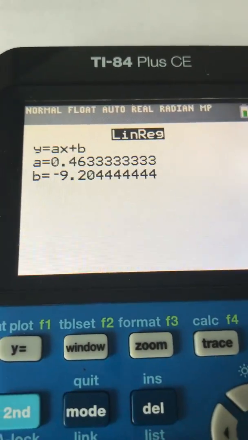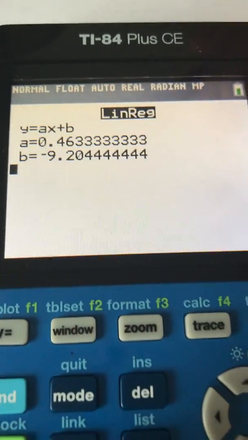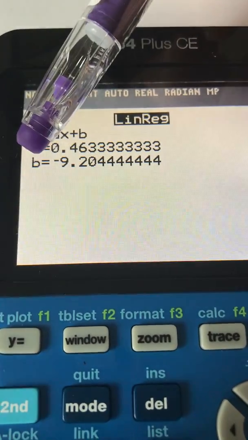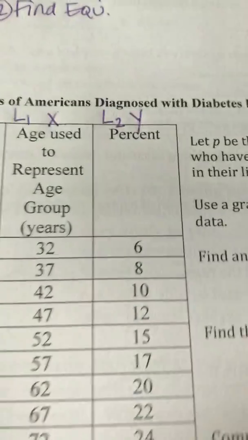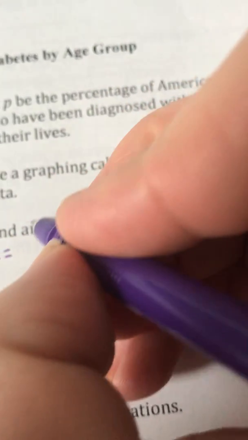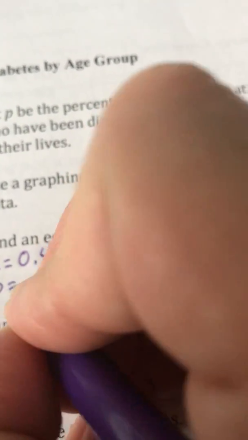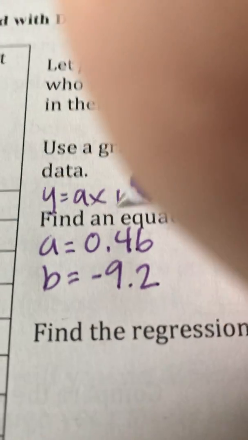Now it gave us these numbers. If you notice, this says y equals ax plus b. It says that a equals this and b equals this. What that means is that a equals 0.46 and b equals negative 9.2, using the format y equals ax plus b.